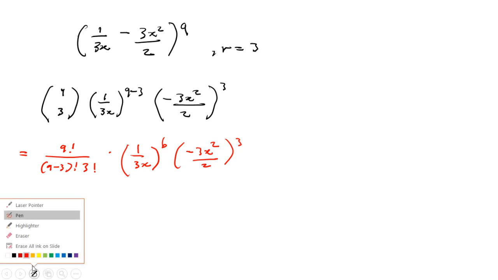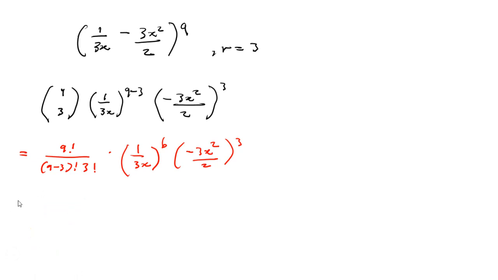So once you work that out, because you are not allowed to use a calculator, you can say 9 times 8 times 7 times 6 factorial, over, you know, 9 minus 3, it's just 6 factorial dot 3 factorial. With that in mind, you can now work out that guy.